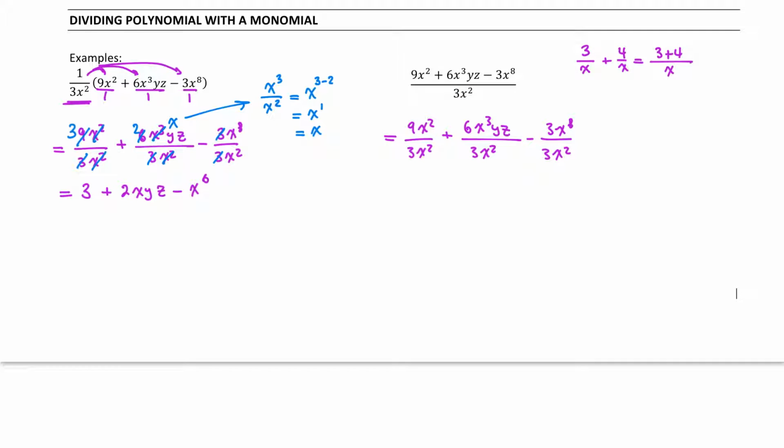And we can see that they have the same common denominator, so I can just put this all under one fraction and then add everything on top. You can see that this is equivalent to this, meaning that this whole expression is equivalent to this expression over here. So my final answer will be 3 plus 2xyz minus x to the 6.